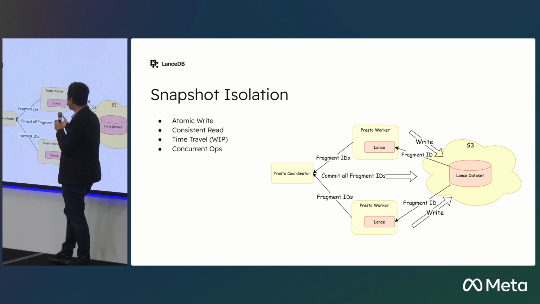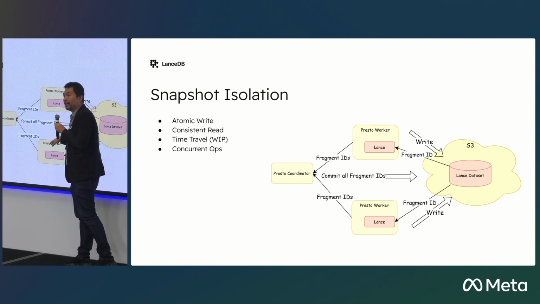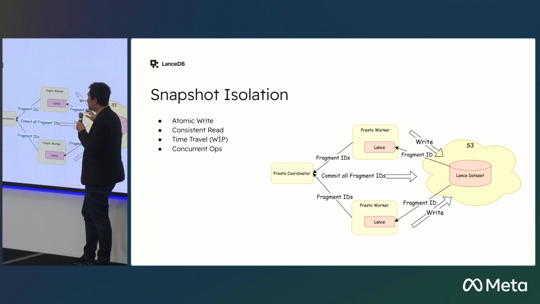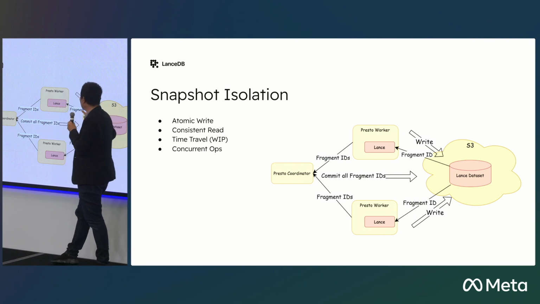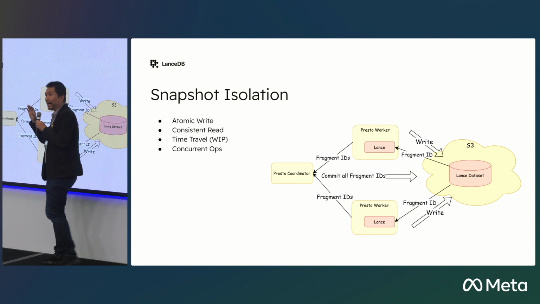It will push all the fragment IDs just one time into the LanceDB dataset, which means if anything failed in the middle, you won't commit the fragment IDs, which means the data you wrote but uncommitted won't be reachable by any other users.